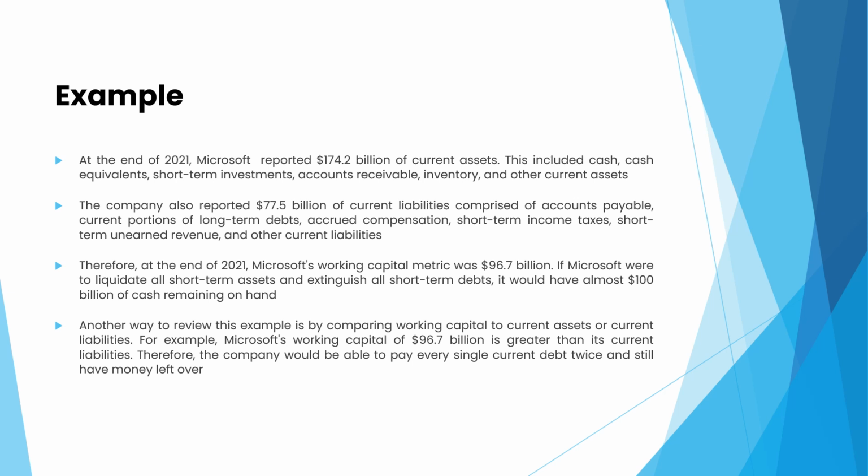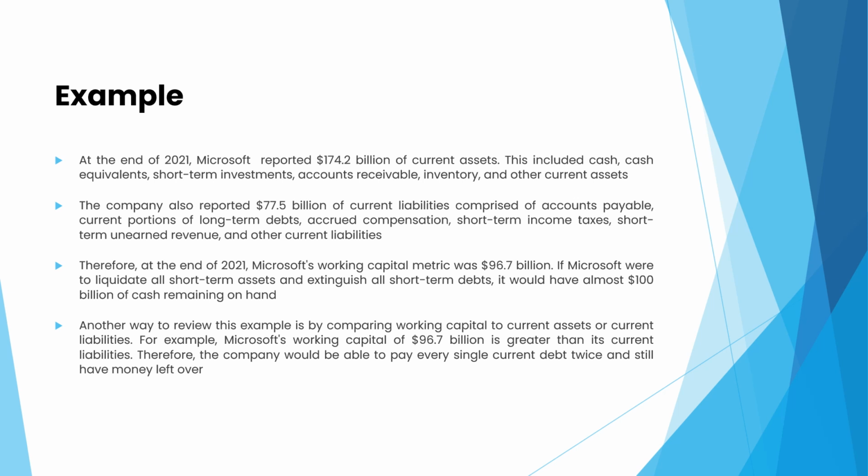Therefore, at the end of 2021, Microsoft's working capital metric was 96.7 billion US dollars. We arrived at this number by simply subtracting $77.5 billion of current liabilities from $174.2 billion of current assets.